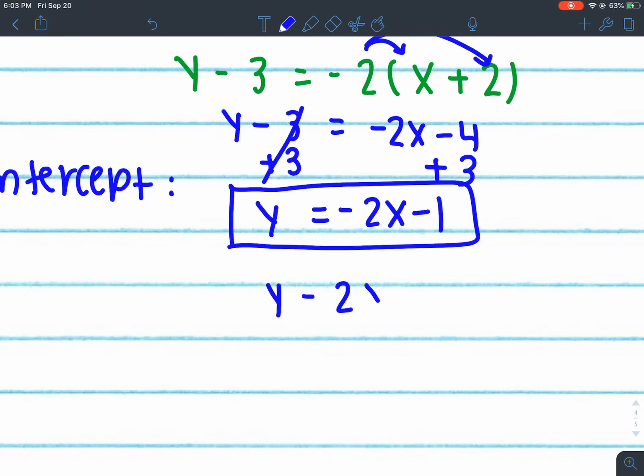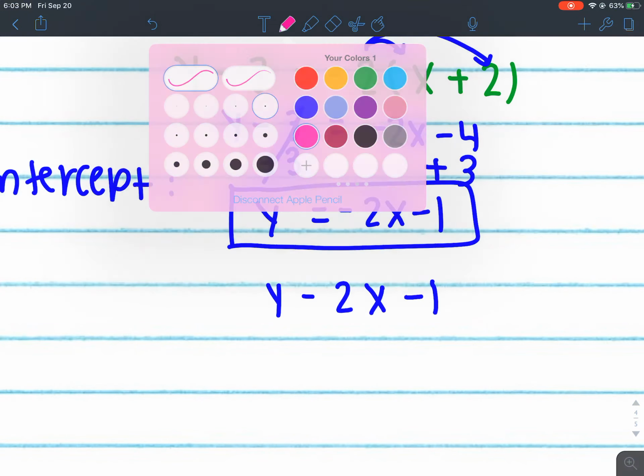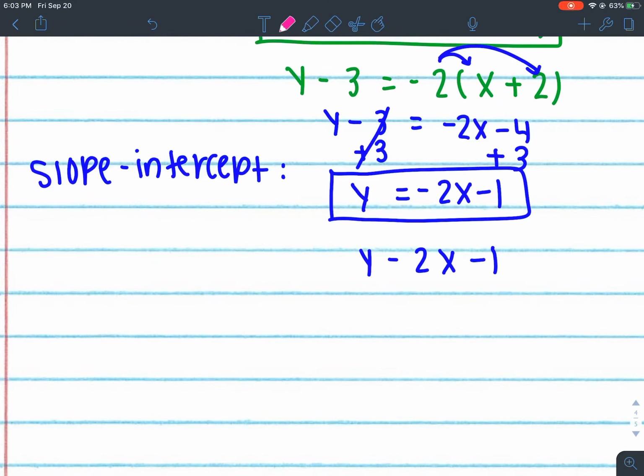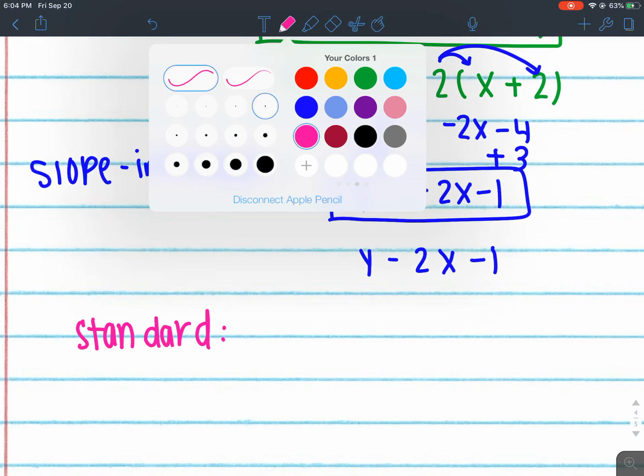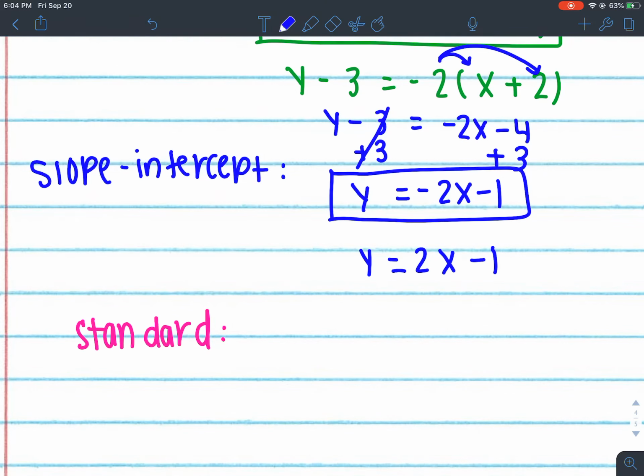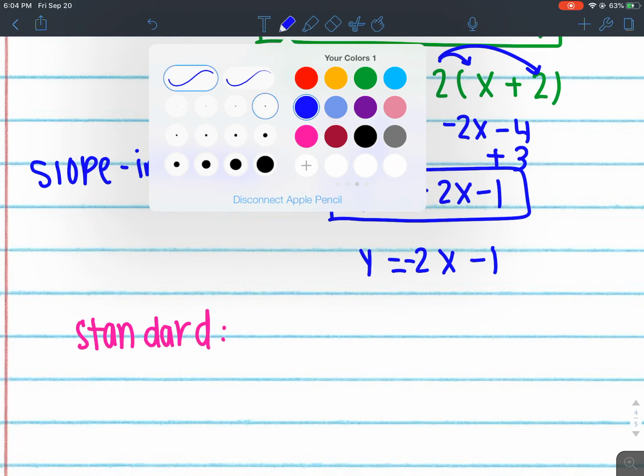Now from slope-intercept form, we're going to move this into standard form. Standard form, again, is ax plus by equals c. And we can have no fractions or decimals. And we want a to be positive, and we want, whoa, what did I do here? I forgot an equal sign, huh? y equals -2x minus 1. Okay. Standard form, I want x and y on the left side.